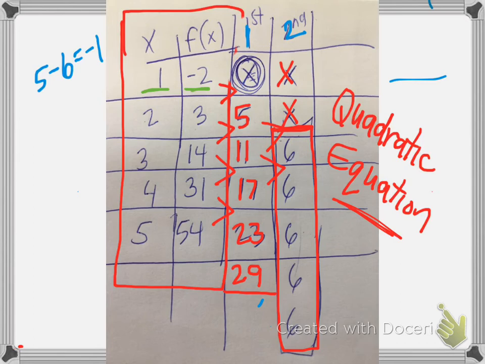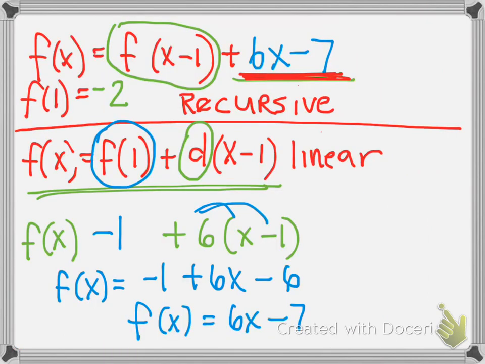Well, I know from 5 to 11 it was 6, so I have to go back 6. So I do this right here. 5 take away 6 gives me a -1 in this spot. So that's where in my formula I put -1 as f of 1.